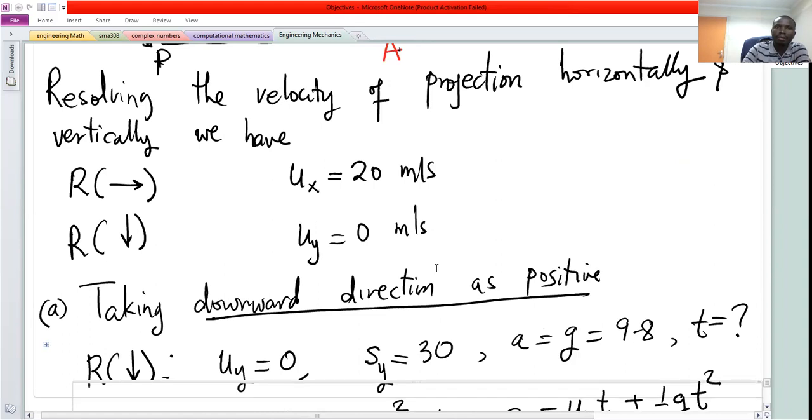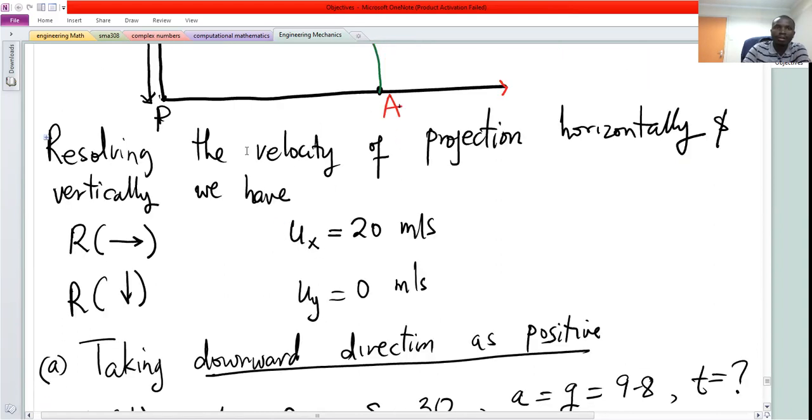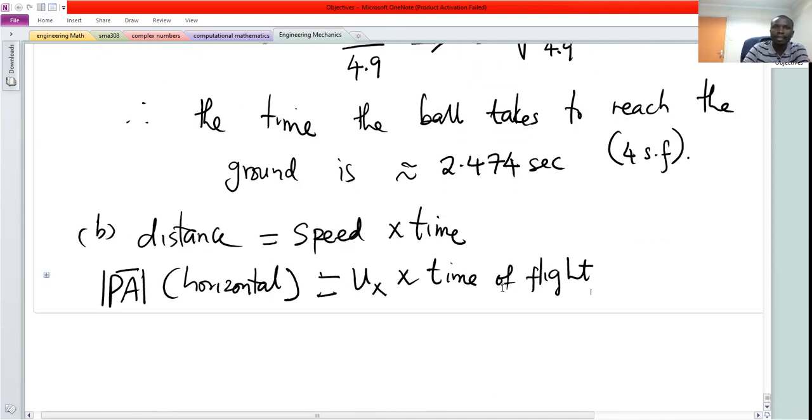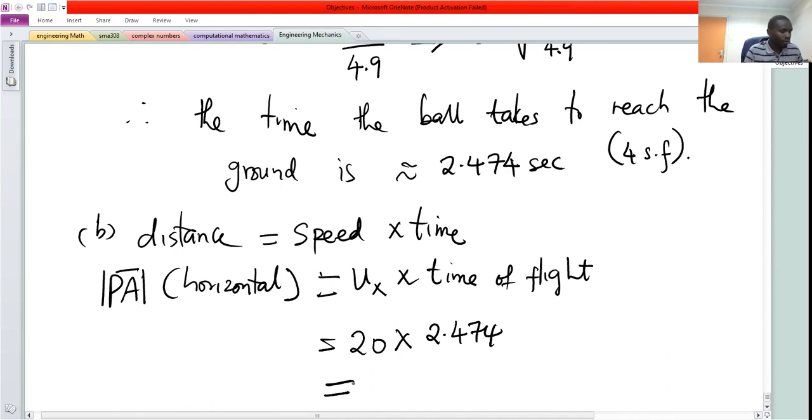From our resolving of the velocity components, UX is 20. So this will be given by 20 times 2.474, and this will give us 49.8716593.